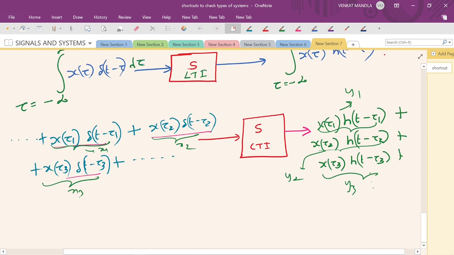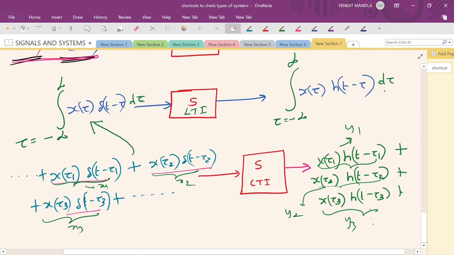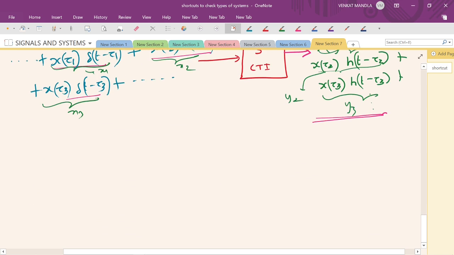So this obeys superposition because it is a linear time invariant system. This is the discrete case. If tau is continuous, we have to integrate. So what I got: this system is LTI.